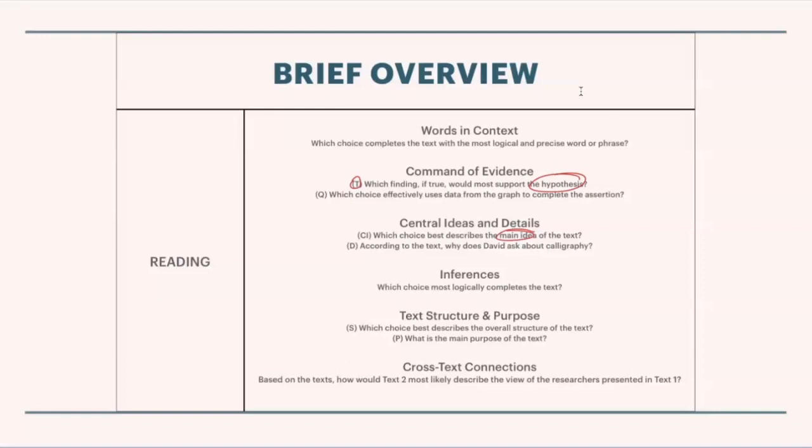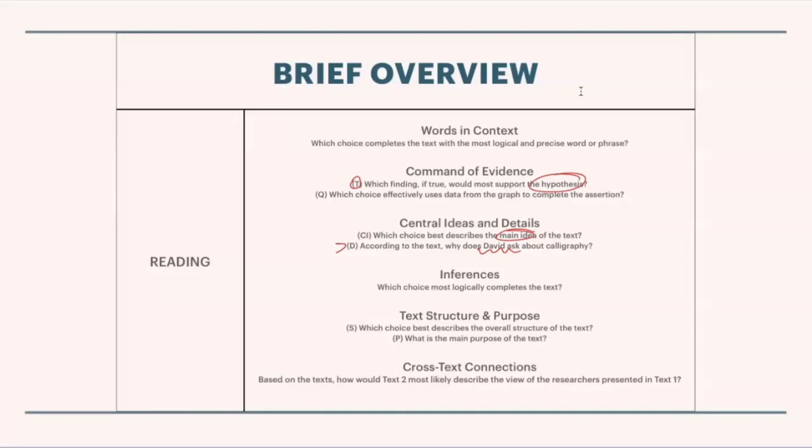For detail questions, we're looking for specific key clues within the question itself. That's going to help us point out the specific location in the text that gives us the answer. In this case, it says, why does David ask about calligraphy? So we want to probably focus on the portion where David asked about it, but also maybe a little bit before, because it might tell us David pondered about the importance of calligraphy.